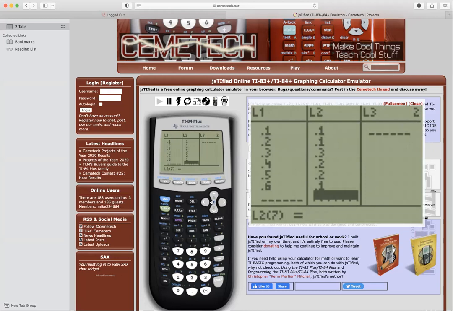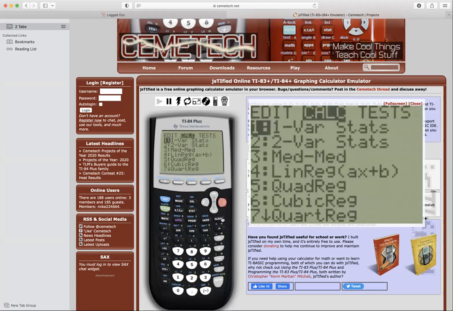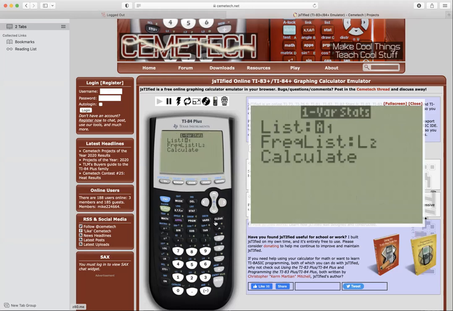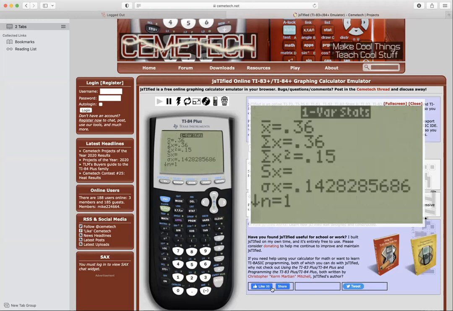Then you do stats here, this one, and make sure that this is going to be clear. If it's already L2, then that's fine. You put L2 calculation. So the expectation is 0.36.